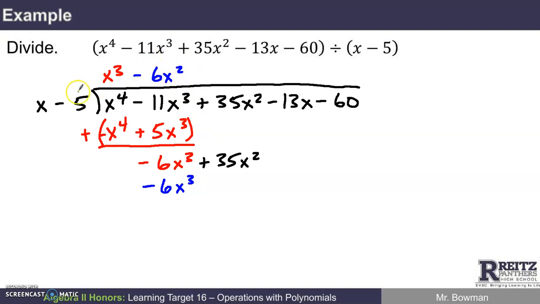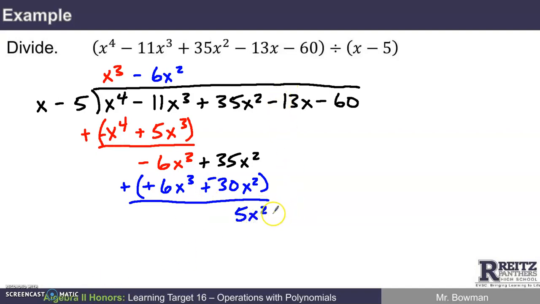Negative 6x squared times negative 5 is a positive 30x squared. And I will subtract those. Subtracting those makes this positive and this negative. So these cancel, and 35 minus 30 would give me 5x squared.